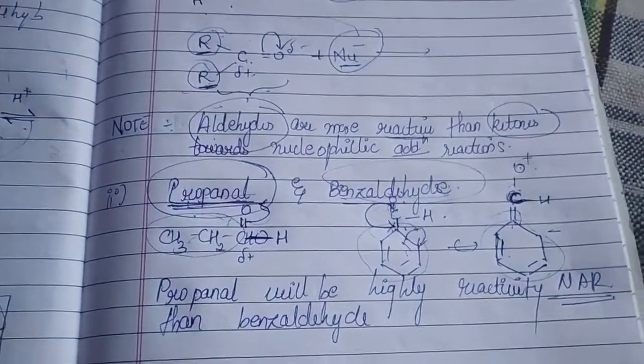Is that clear? Next, once we have understood all these concepts, we are going to deal with some important nucleophilic addition reactions. In this video, I am going to cover only two nucleophilic addition reactions. In later videos, we will have other nucleophilic addition reactions.